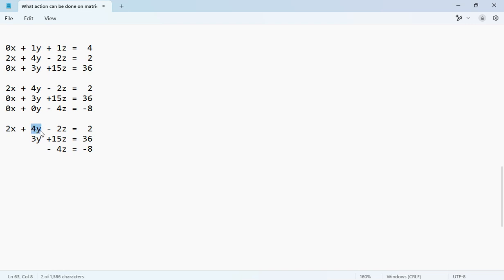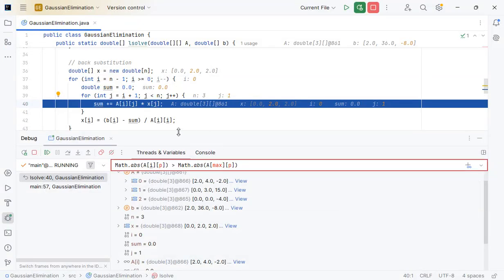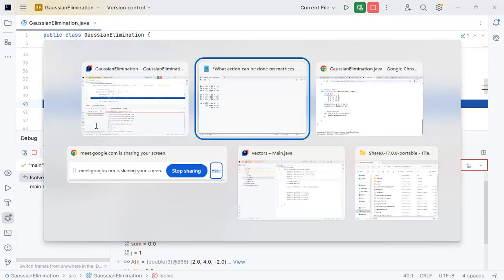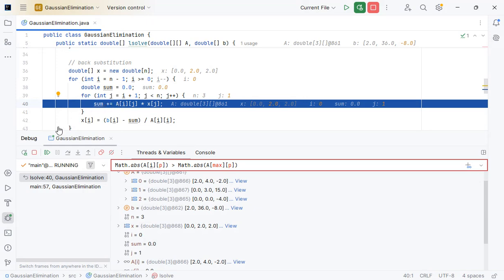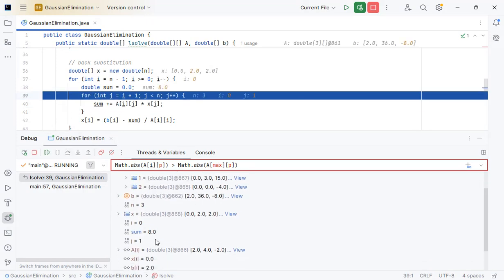So you will calculate this amount, and you already know this i because you have calculated, so it will be this element multiplied by xj, you see, aij. So aij, it is this element 4 multiplied by this element, it is 2. So it is going to be 8, look, you see, it is 8.